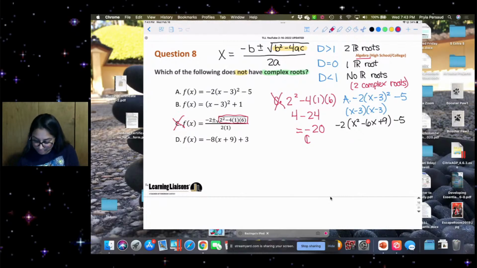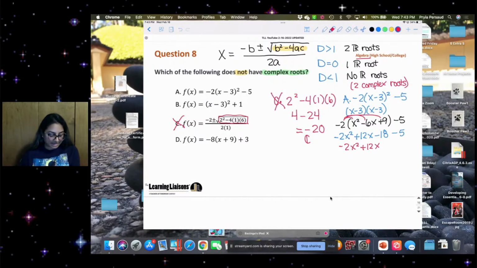I have to distribute my negative 2 inside to my parentheses. So I'll get negative 2x squared plus 12x minus 18, bring down my minus 5. Then I'll get negative 2x squared plus 12x. When I combine my negative 18 and my negative 5, I'll get negative 23.